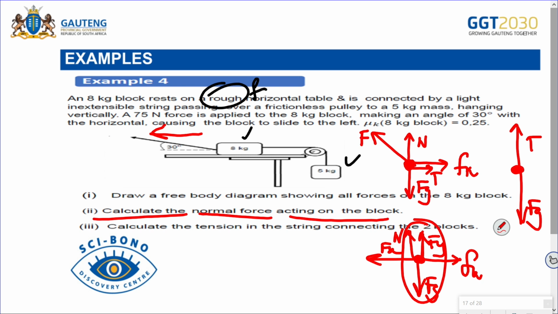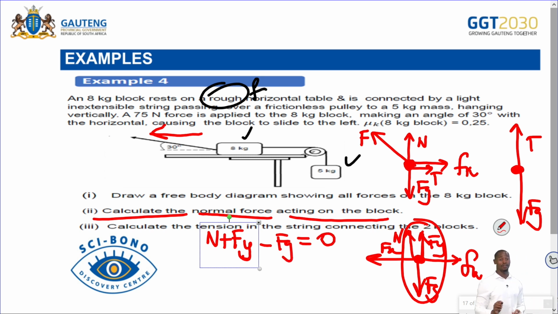If vertical forces are 3, you will have your normal force plus your Fy minus Fg equals 0.